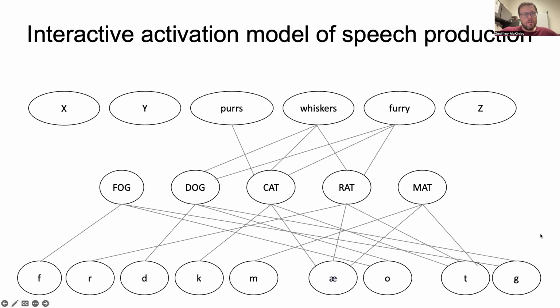Okay, here's an example. So imagine if we have these semantic units or characteristics or attributes. So if I showed the neural network a picture of a cat, well, then the semantic unit that corresponds to furry, the semantic unit that corresponds to whiskers, and the semantic unit that corresponds to the idea of purring, purrs, they're all going to get activated.